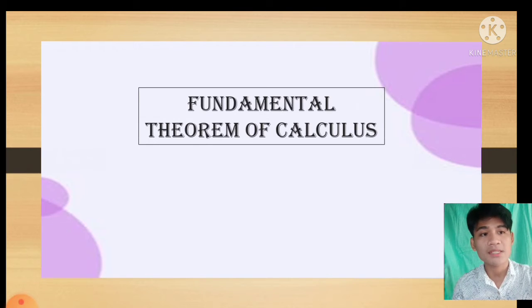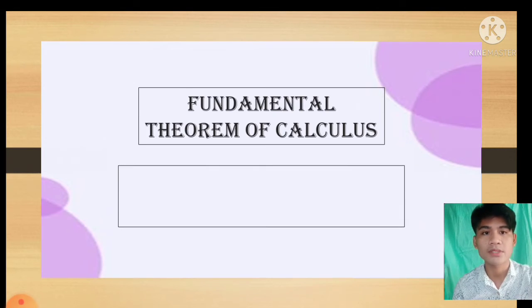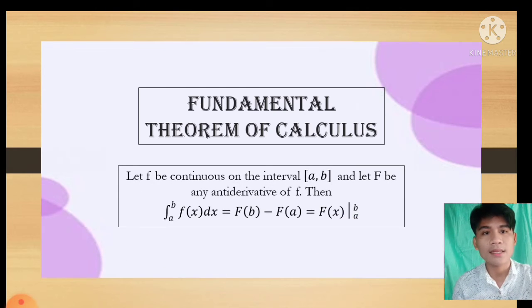But first, let us explore the fundamental theorem of calculus, which states that: let f be continuous on the interval [a, b] and let capital F be any antiderivative of f.